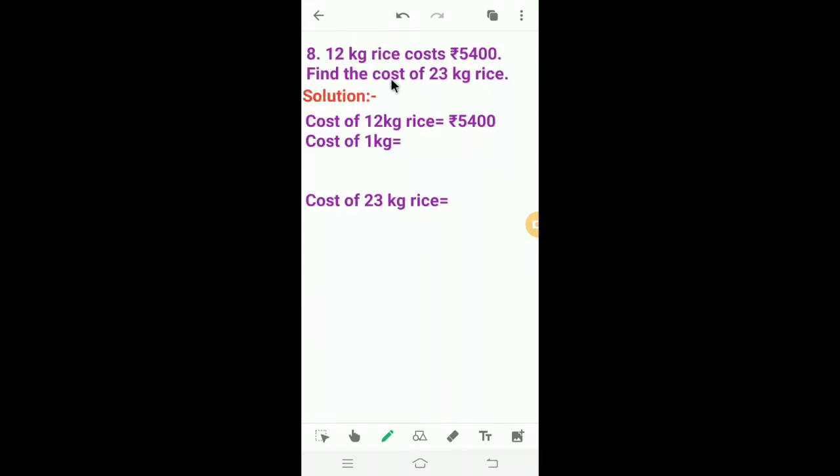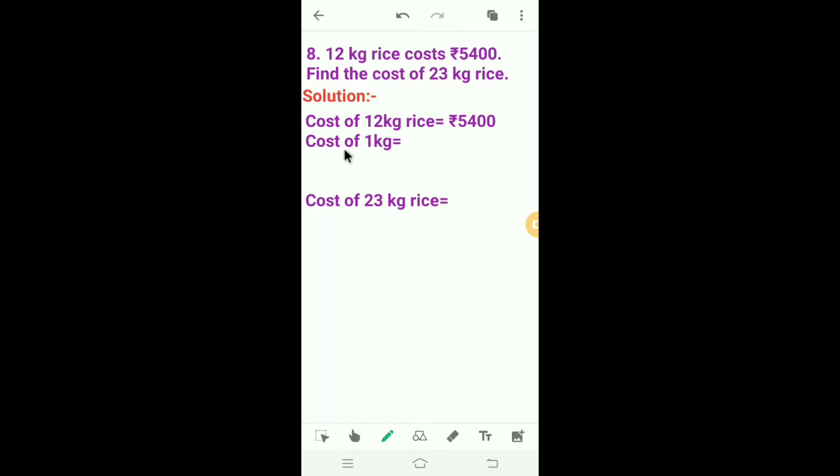Let's solve 8-1. 12 kg rice costs rupees 5,400. Find the cost of 23 kg rice. Here we have to find out the cost of 23 kg rice. Let's see the solution. Cost of 12 kg rice is equal to rupees 5,400.